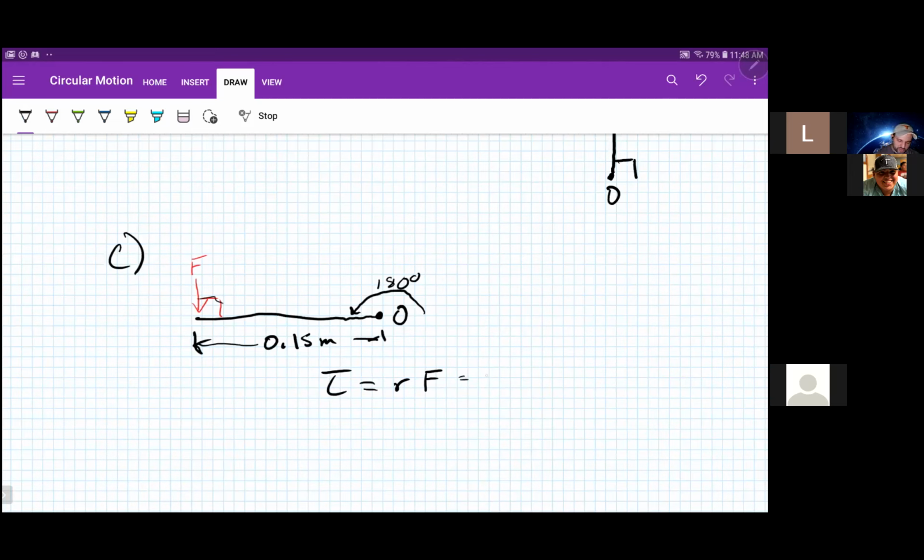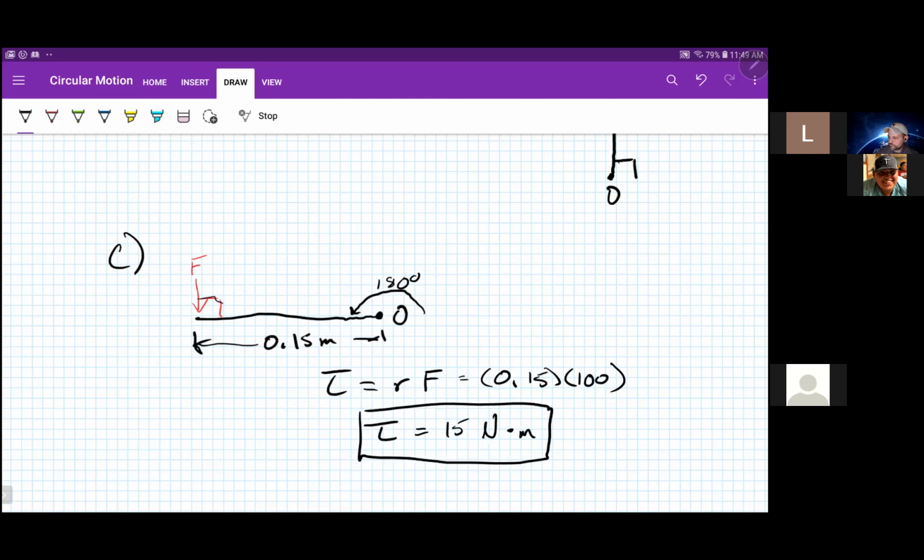So that's just going to be 0.15 times 100 newtons, which gives me 15 Newton meters. So you have to think about the situation and see which one of those two options for torque is going to work best for it.